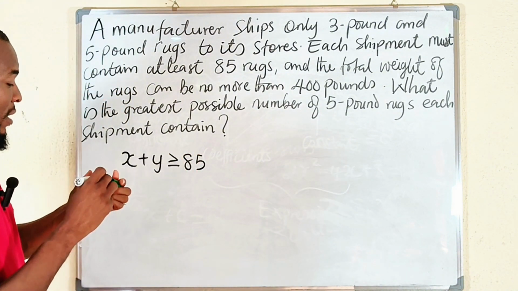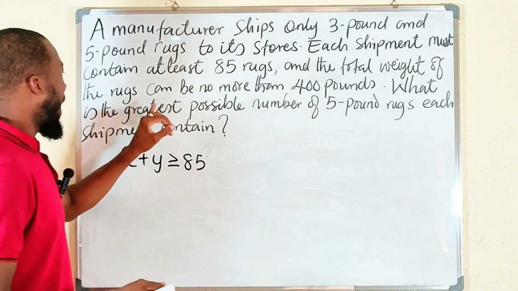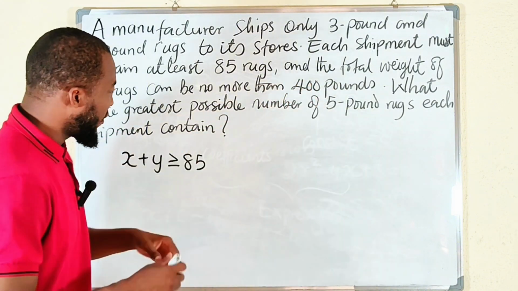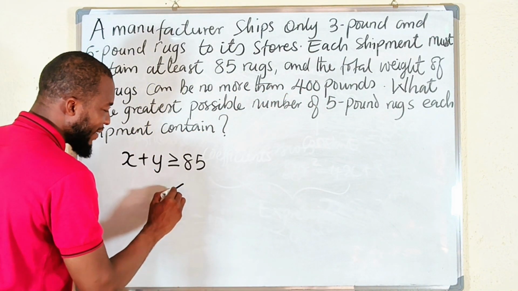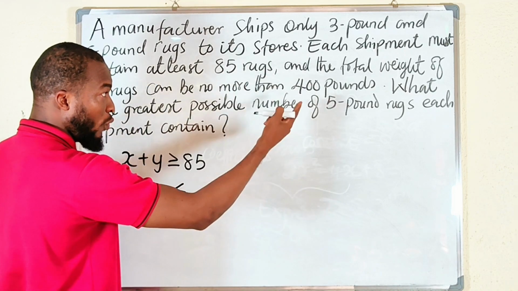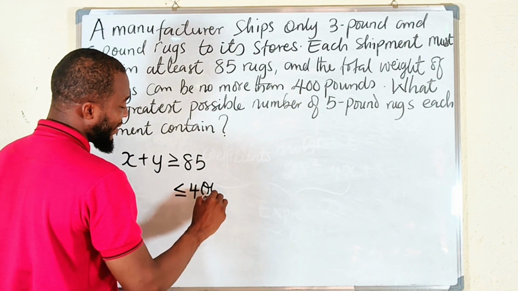Next, talking about the weight, can you see that? It can be no more than 400 pounds, so less than or equal to. It cannot be more than 400, so it can be 400 or anything less than that.